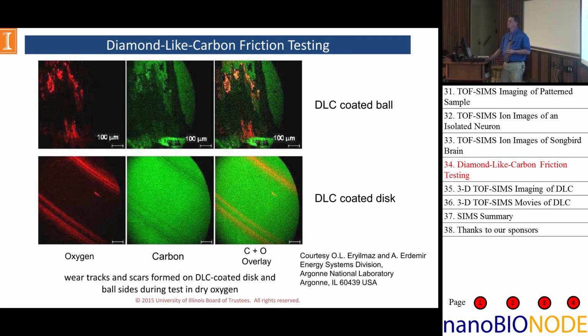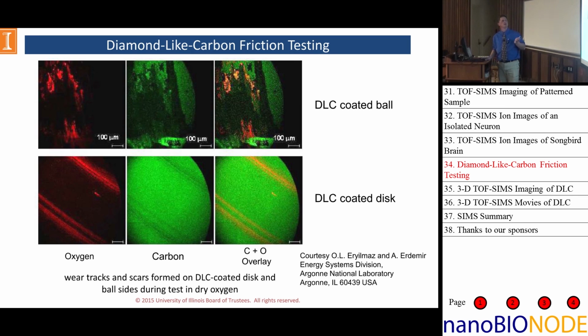We can also do something completely different, some friction testing of samples using diamond-like carbon films. You have a ball and a coated disc, and this is some work that was done on the TOF-SIMS. We did imaging and made the oxygen red and the carbon green, and you can overlay this to see the wear track.